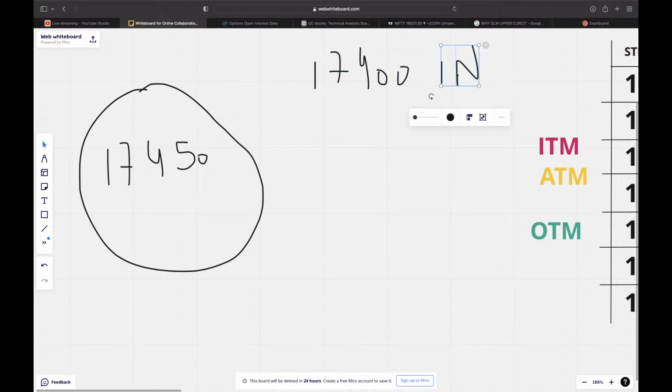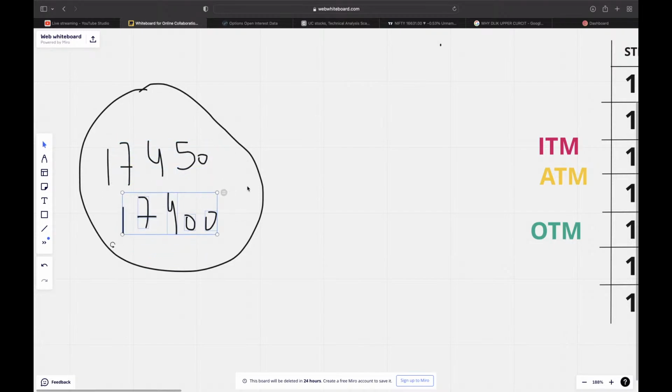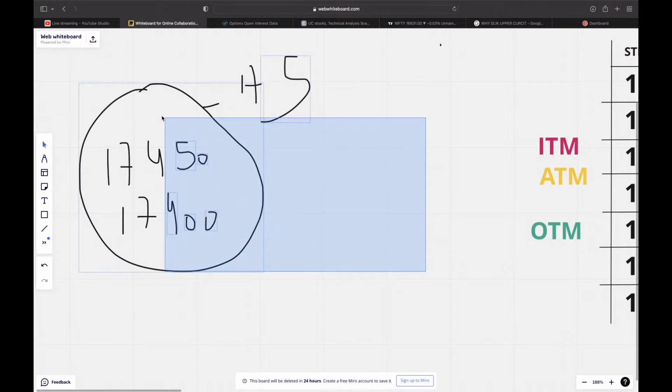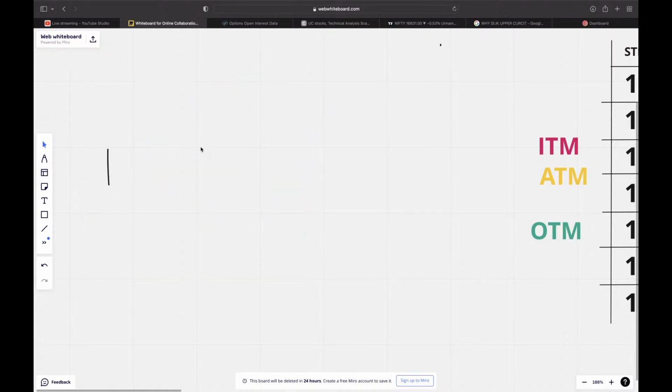Let's ignore IN also. What will be the easiest way, inside or outside? The inside value is 17,400, and outside the barrier is 17,500 and then 17,550. So this is a very easy case, inside and outside.